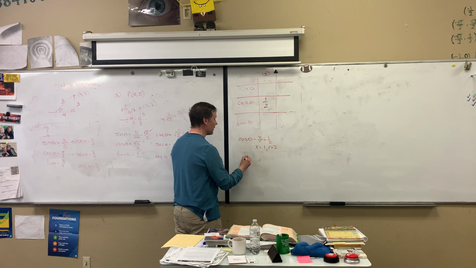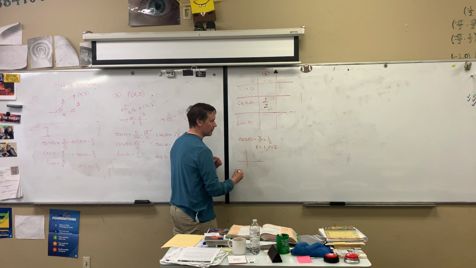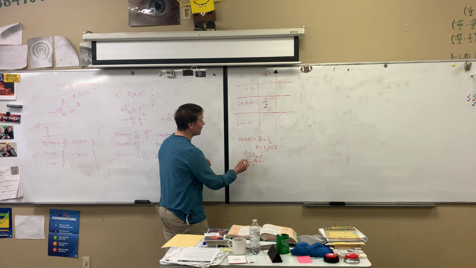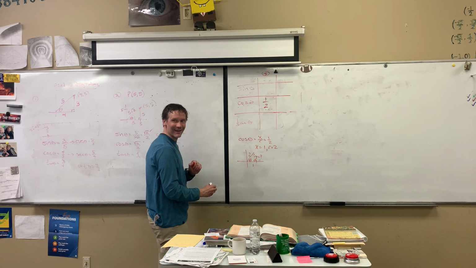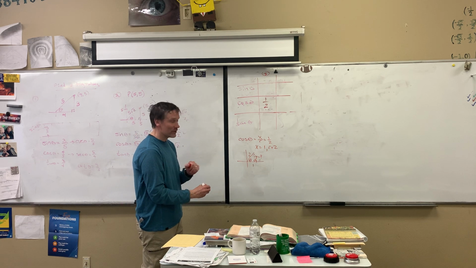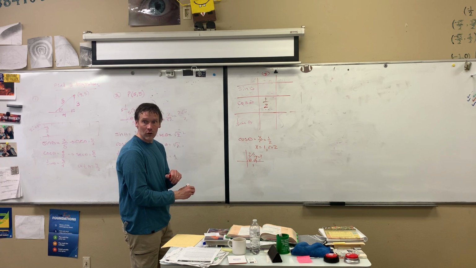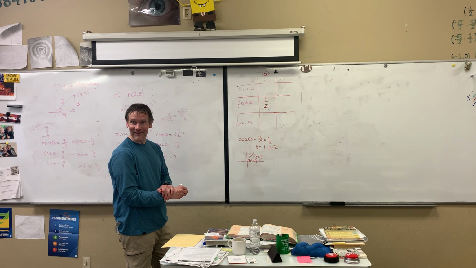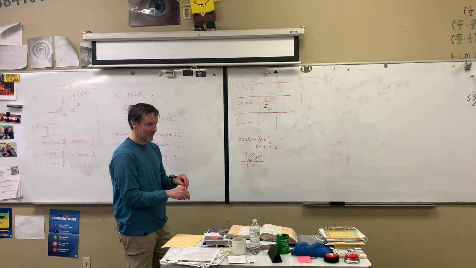You're just setting up a right triangle. X is 1, r is 2, and then what's the only thing you don't know? Y. So what's y equal to? That's our goal. So to figure out y, how do I find y?